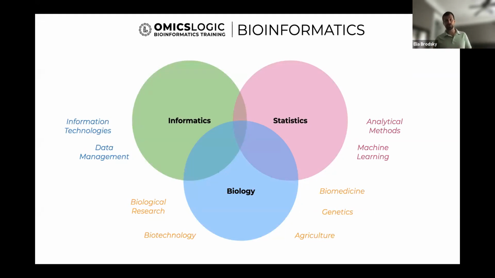Informatics has to do with information technologies and data management: how to find data, how to download data, how to annotate this data, how to store this data in certain formats. And then statistics: how do we analyze the amount of data that we have to get some meaningful information out of it, so that we can infer from this data associations with meaningful patterns that we know about the patients that we are studying. The intersection of these three fields, informatics, statistics, and biology, is actually the definition of bioinformatics.